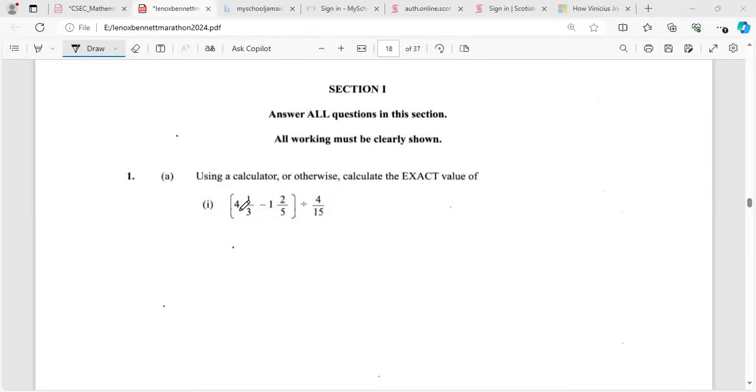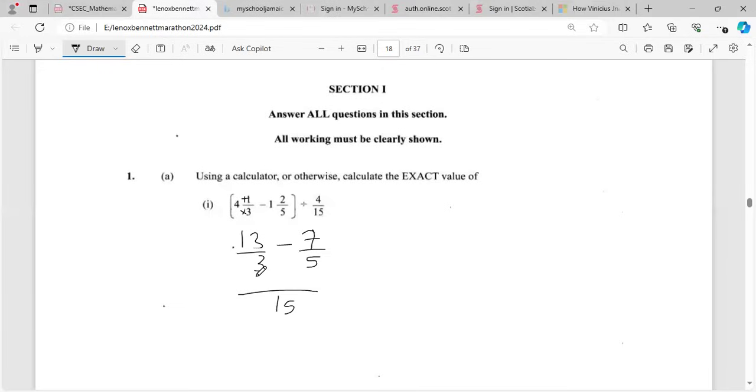4 times 3 is 12 plus 1, 13. I could subtract, no, let me do it that way. 4 times 3 is 12 and 1, 13 over 3, minus 1 times 5 plus 2, 7 over 5. Once you're adding and subtracting, you must bring them to a common denominator.